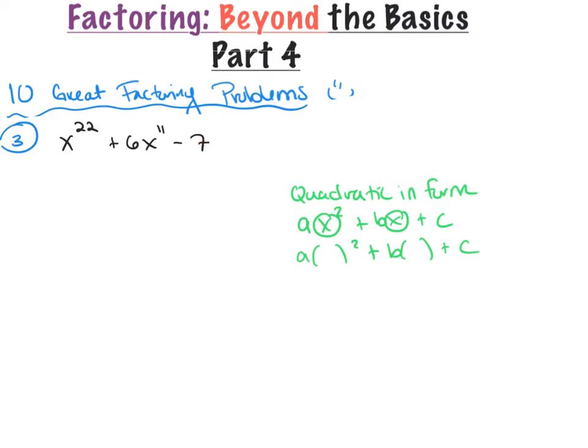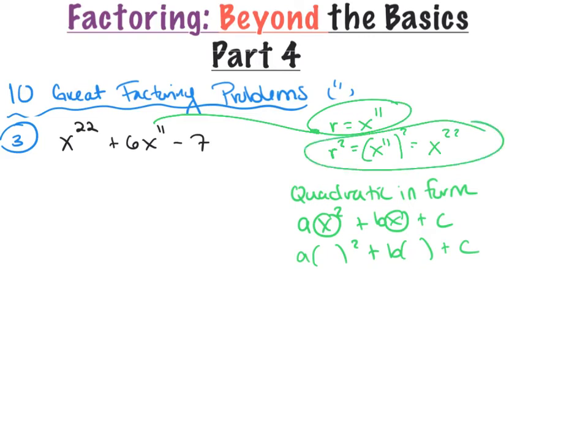So if I'm going to do the substitution, which I'm probably going to need in one or two examples here, the substitution would be let r equal x to the 11 from the middle, so that r squared, or x to the 11 squared, is the x to the 22. So I've got r is x to the 11 and r squared is x to the 22.